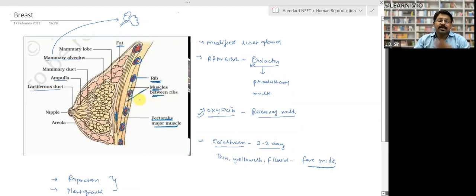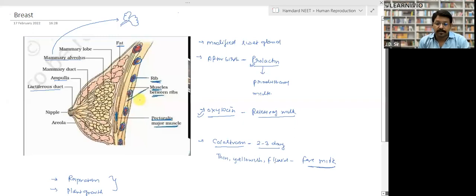And in the initial days after the birth, up to 2-3 days, secretion of a thick kind of milk takes place, called colostrum. Colostrum is a thin yellow-colored fluid secreted before the milk. It has lots of antibodies which give resistance to the newborn child.